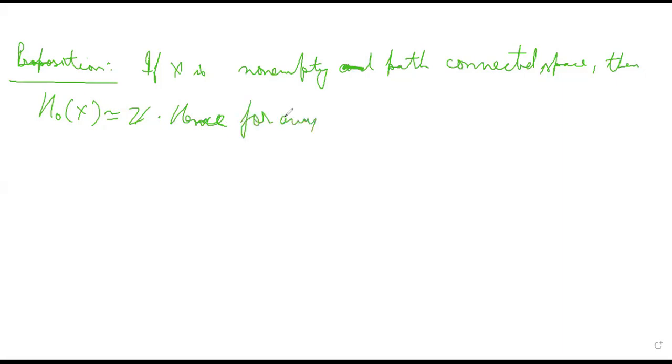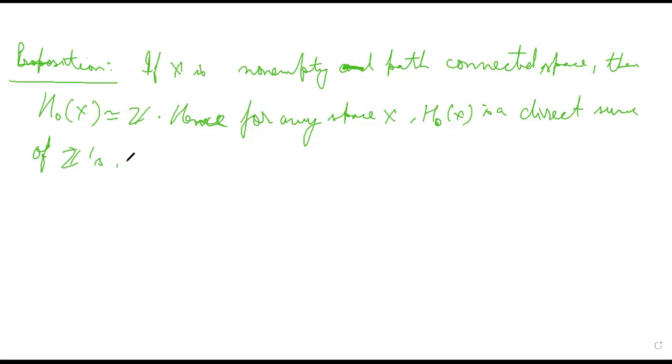for any space x, H naught x is a direct sum of this Z, one for each path component of x, right?